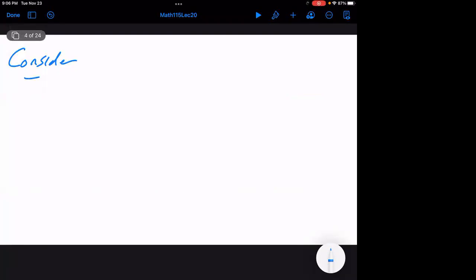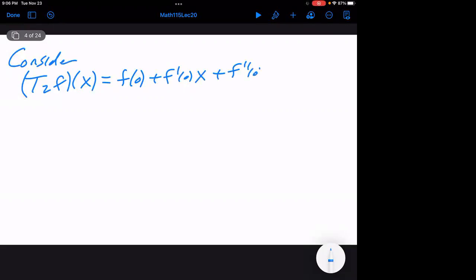But let's be real. How do we use factorials? Let's consider, and I'm just going to do this case to give a sense of what's going on, T2 f of x is f of 0 plus f prime of 0 x plus f double prime of 0 x squared over 2 factorial. We want to compare this to f of x. What's the most natural place to compare them?